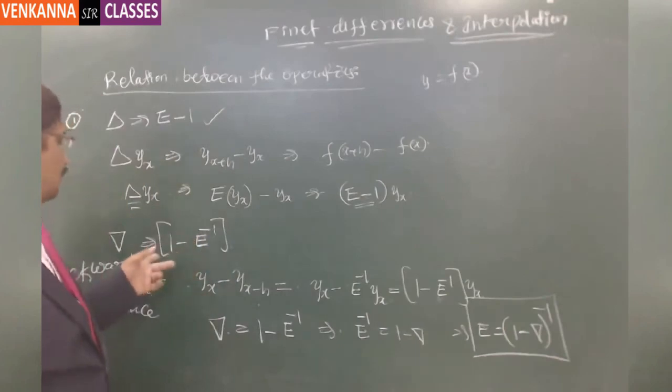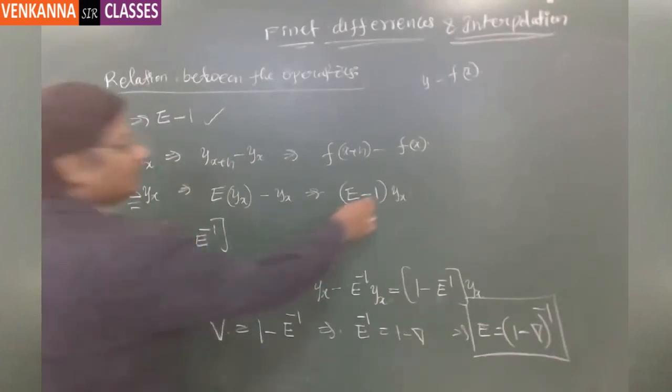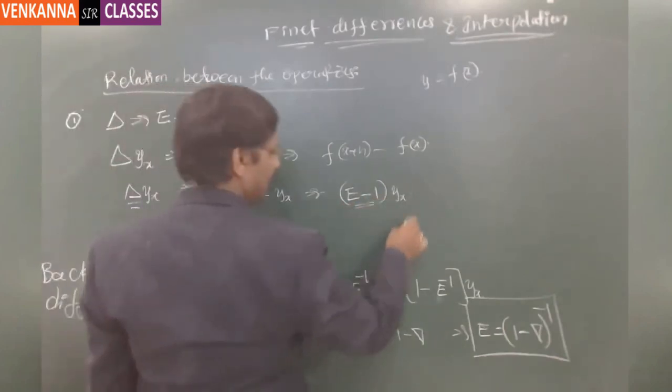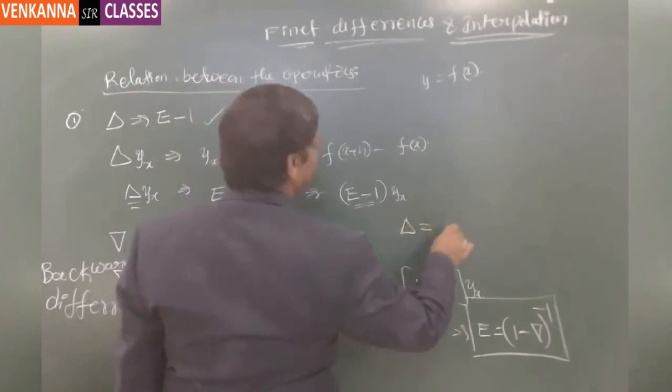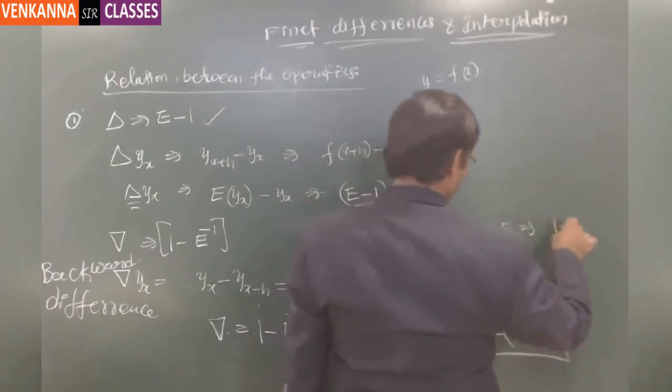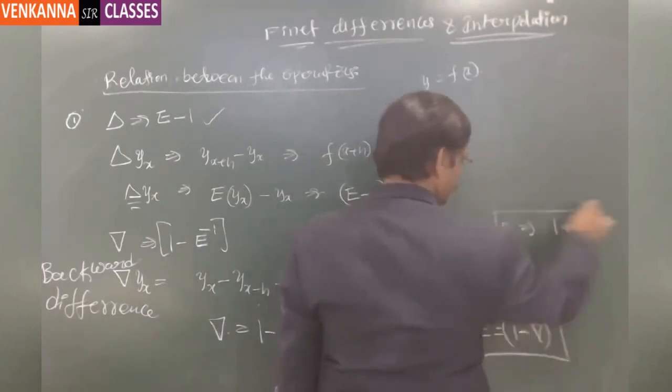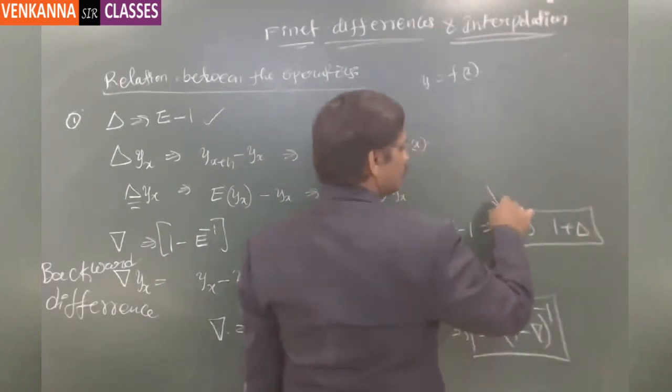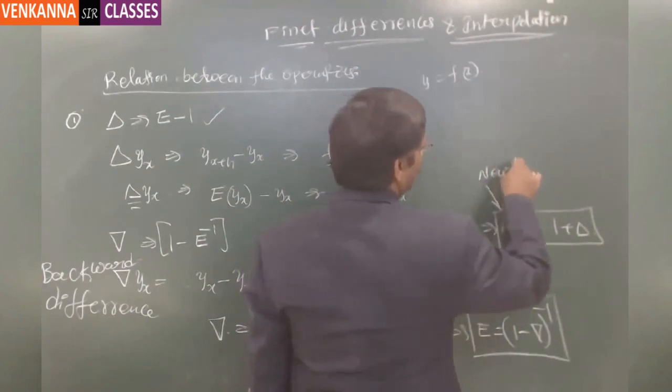And this relation, whatever we have got here, delta equal to E minus 1 or E is equal to 1 plus delta, this relation we are going to use in the case of Newton's forward interpolation formula.